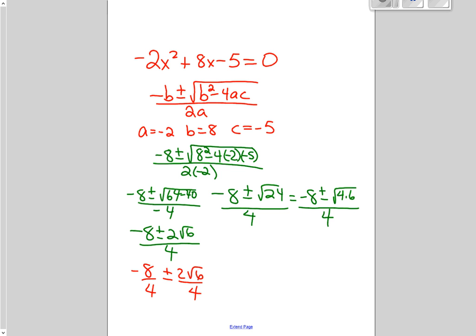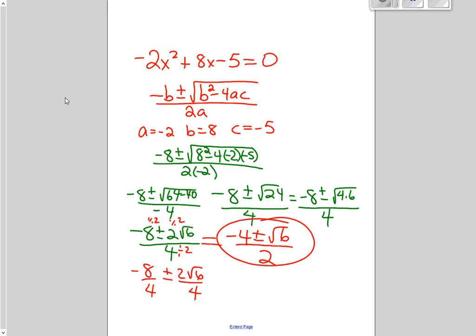So the 4 has to be able to go into the 8 and into the 2. So we can divide everything by 2, which would give me negative 4 plus or minus root 6 all over 2. So I divided this by 2, this by 2, and this by 2. So all your coefficients have to be divisible if you want to simplify it. And that would be my final answer.